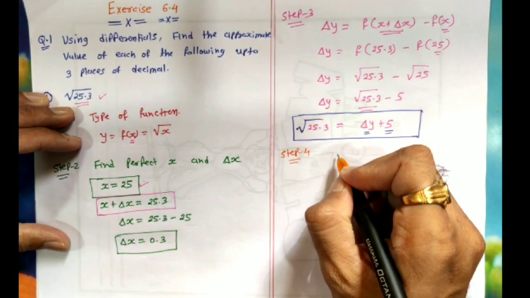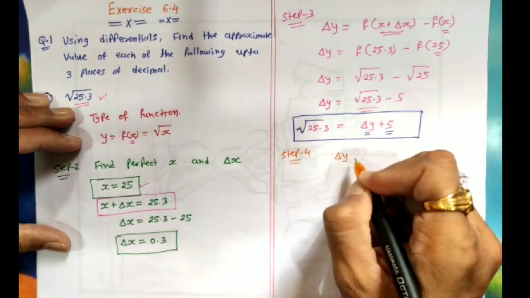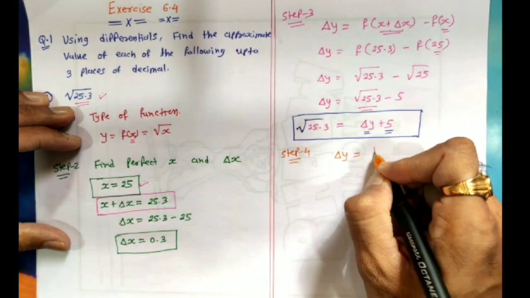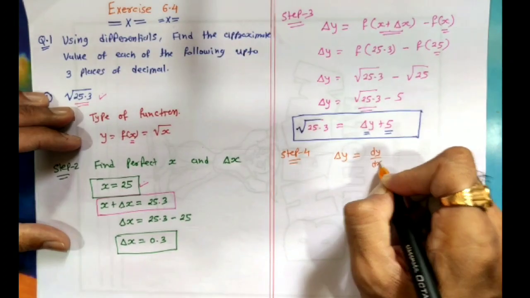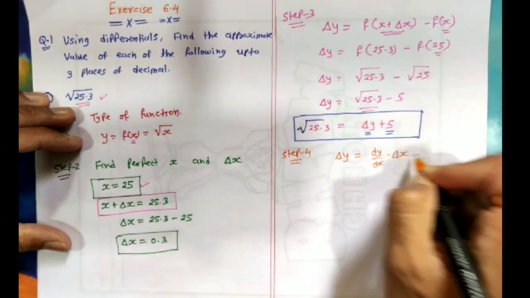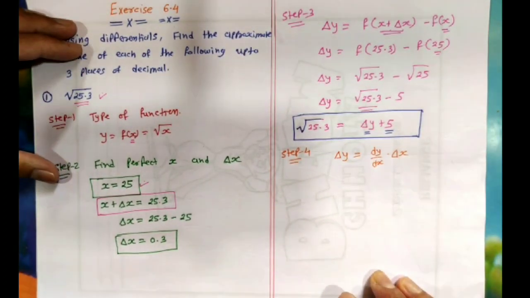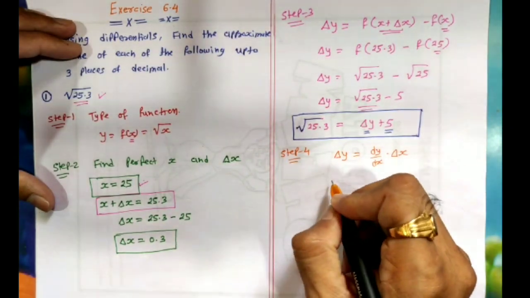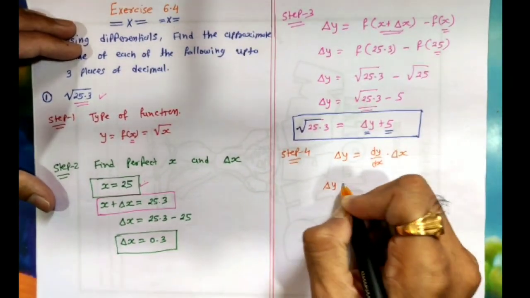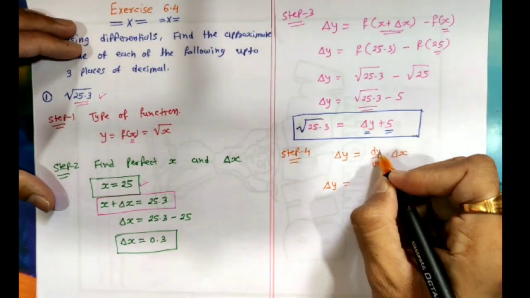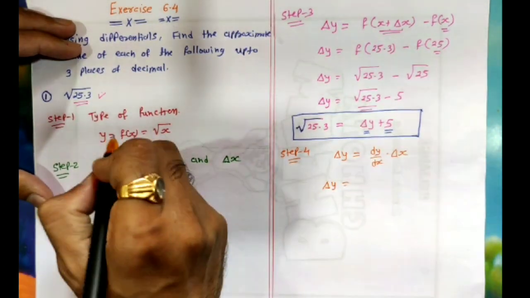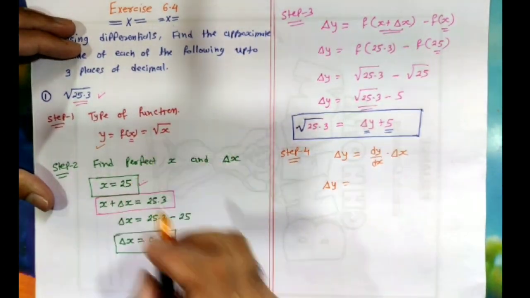So this value of delta y is given by the equation dy by dx into delta x. Done? So delta y will be the differentiation of y with respect to x. What is our y? Our y is square root of x.